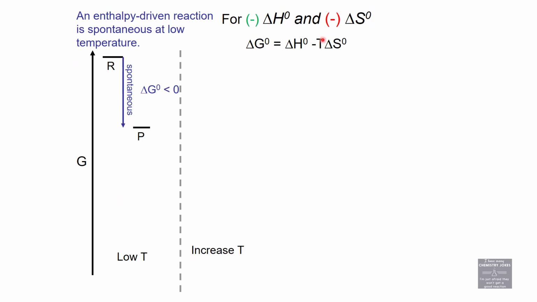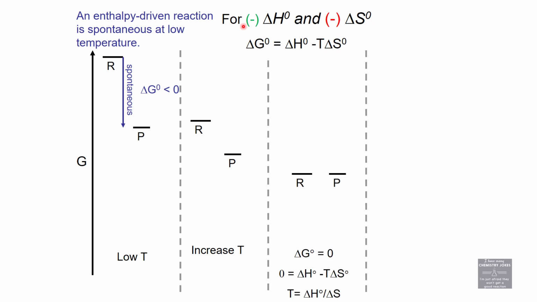But as you increase temperature, this term becomes bigger, which makes your G less negative. So our shelves change accordingly, and we click, click, click to where you've reached a temperature that it is no longer spontaneous because this term has become too big that it's forcing G to be positive. So enthalpy-driven reactions are spontaneous at a low temperature when this term is small.